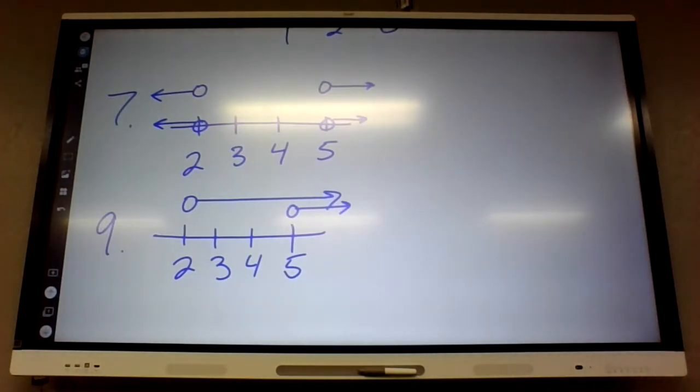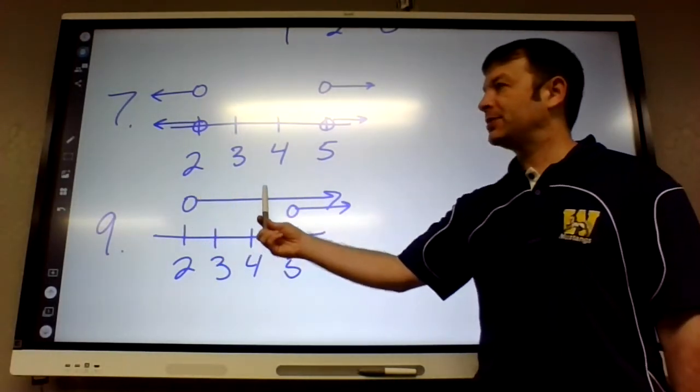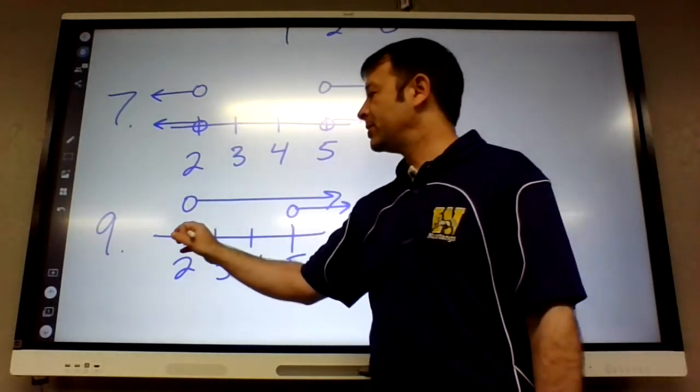Okay, what numbers are greater than 2 or greater than 5? All numbers greater than 2. Yeah, all of them. Okay, if it's covered by either of them, it's part of the solution. So all these numbers from 2 and on would be included in that.